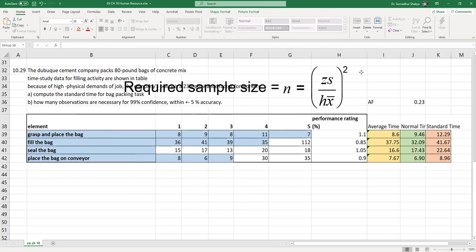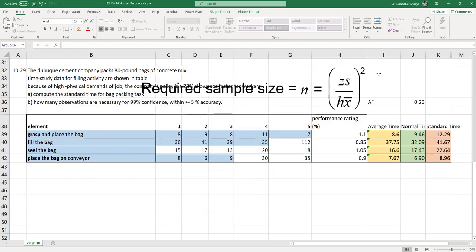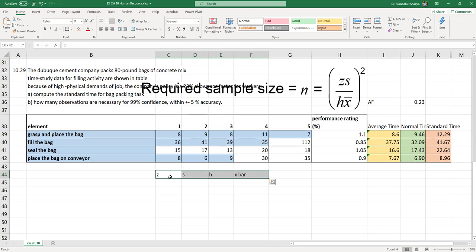Okay, so let's start calculating these one thing at a time. So first thing I'm going to do is calculate the z. Okay, now sorry, small z, and then I'm going to calculate s, I'm going to calculate h, I'm going to calculate X bar. Now we know that they want all of these things to be calculated for certain given parameters.